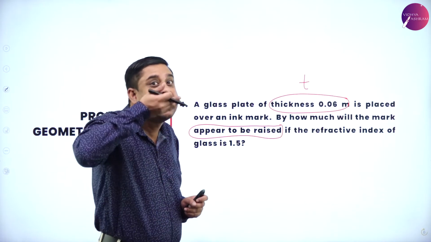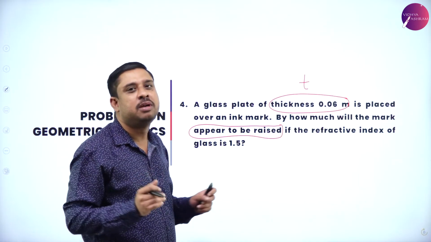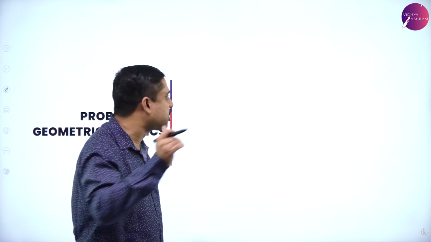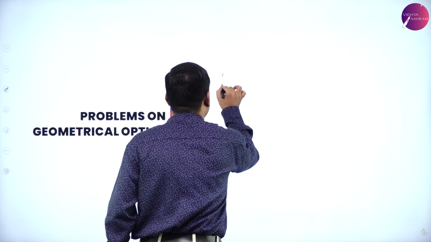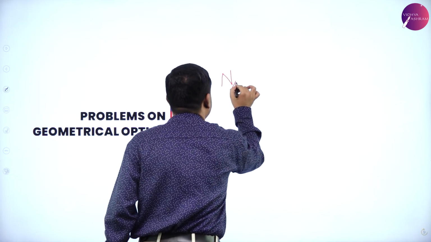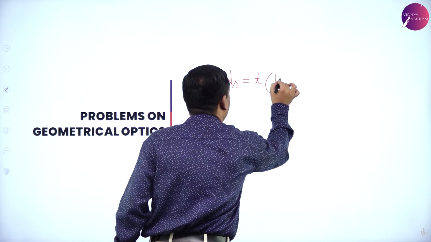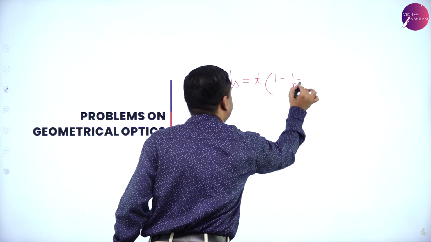Appears to be raised. Normal shift. So now, what is the expression for normal shift? Normal shift is T times 1 minus 1 by n.